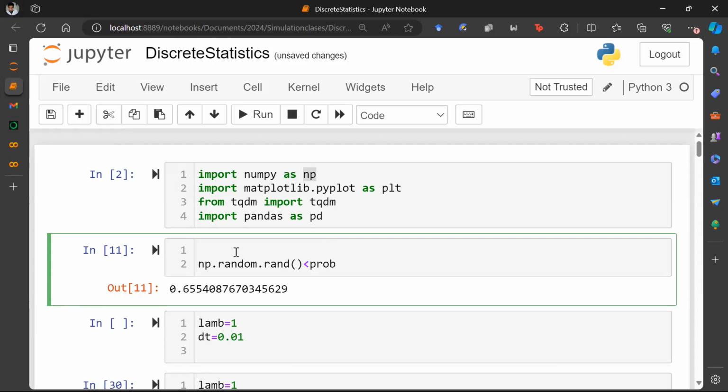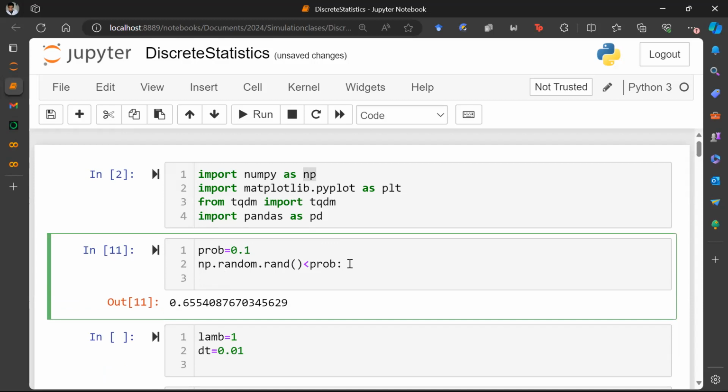Okay, so you can assign some probability, let's say 0.1. And if this random number is less than 0.1, the process occurs. So I can use the function print. So here this is an if statement.